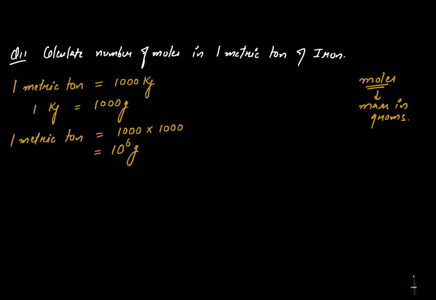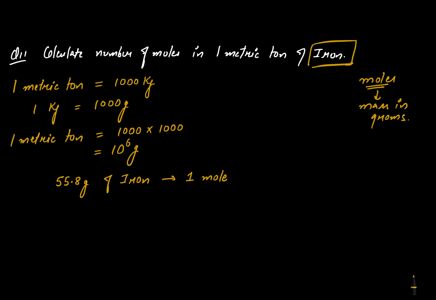So what's the atomic mass of iron? It is 55.8 gram. 55.8 gram of iron will make up 1 mole.